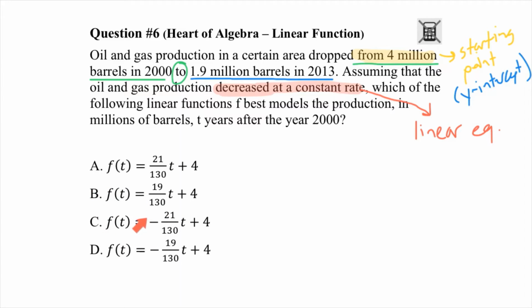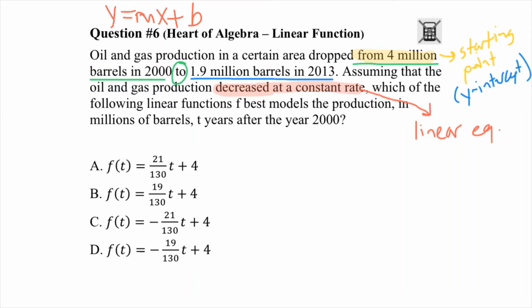So look, check the answer choices. What do you see here? f of t is equal to something t plus 4. So do you remember the form y is equal to mx plus b? It was slope intercept form. So here m is slope, b is y-intercept.